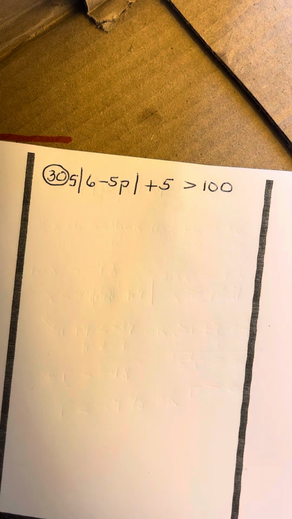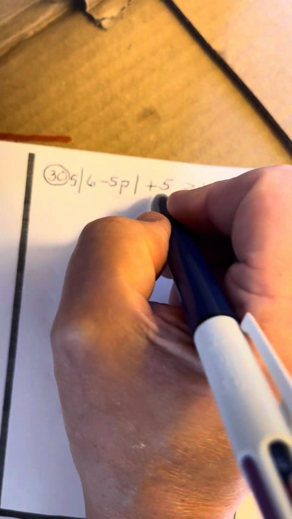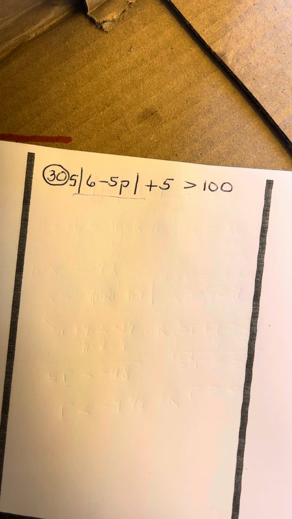Number 30 seems to be fond of absolute value greater than. First thing you do is get the absolute value by itself. This has to be by itself. So let's get rid of that 5.